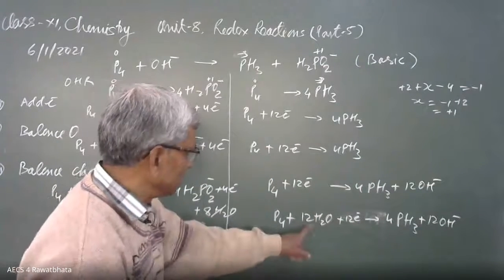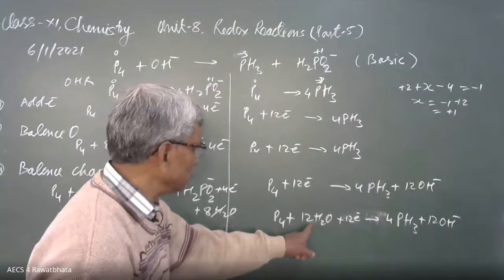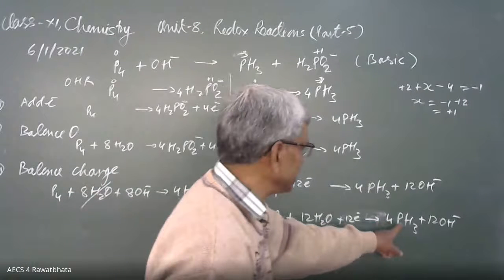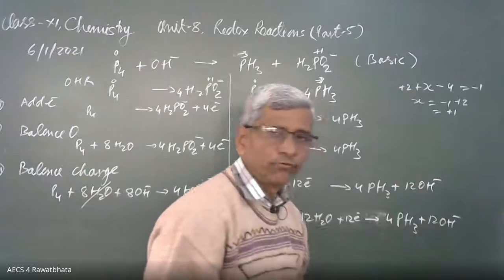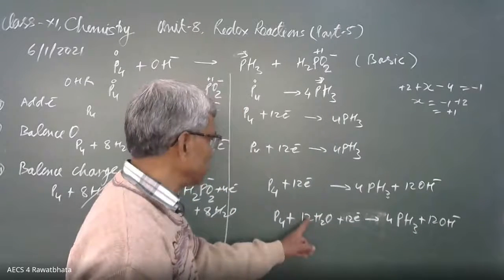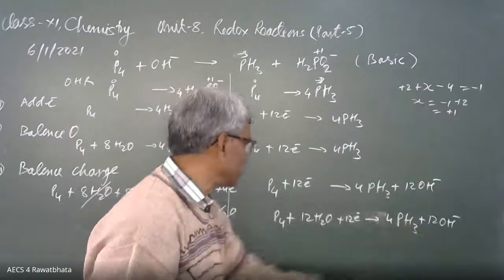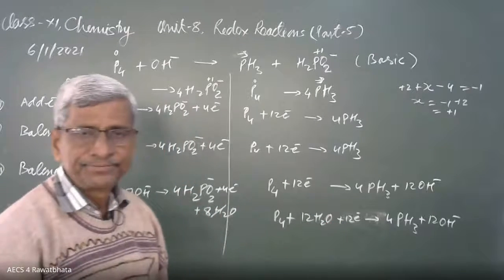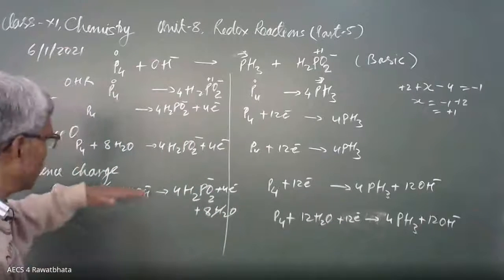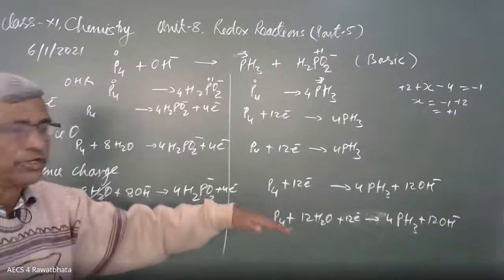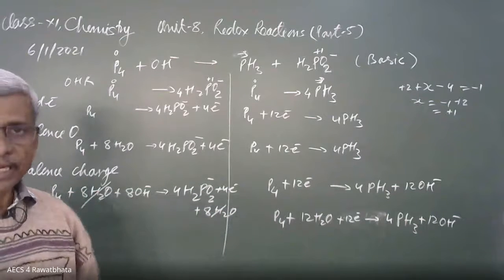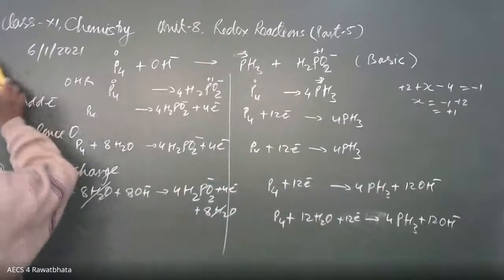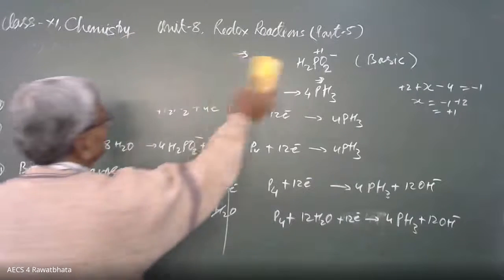See that hydrogen is 12 times 2, 24, and here 4 3s are 12 plus 12, 24 hydrogen, and 12 oxygen. Phosphorus is balanced, hydrogen balanced, charge is also balanced. So the oxidation half reaction and the reduction half reaction are separately balanced. Now we can add. Now addition.